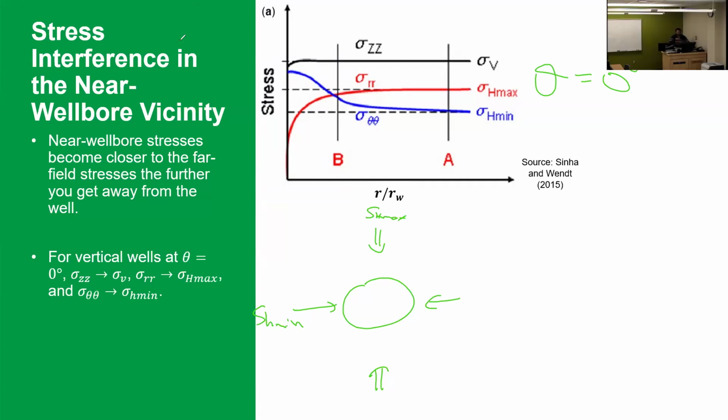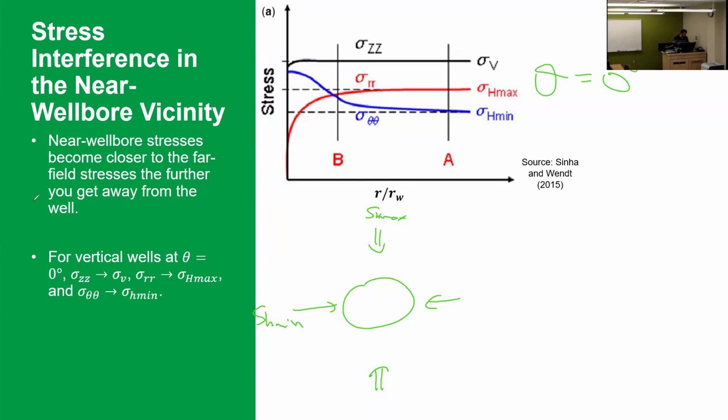But if you go away from the wellbore in the direction of SH max, the stresses will simplify themselves, and you can do it mathematically to figure it out. Your radial stress will become SH max, and your tangential stress will become SH mean.